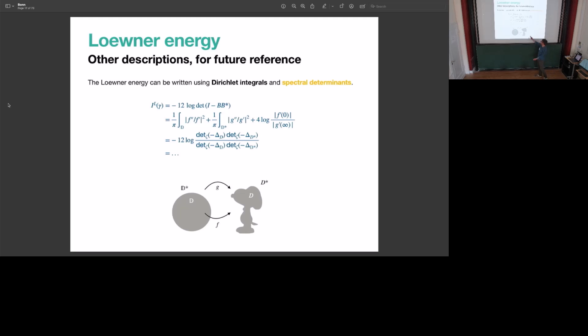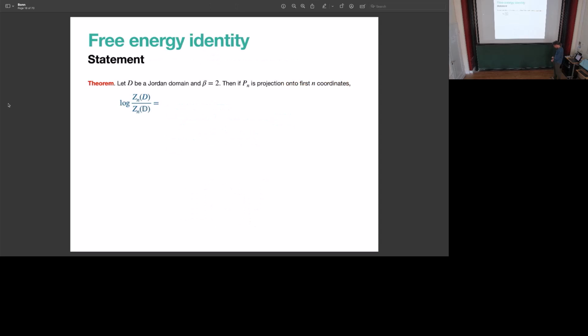Although I won't use it, in the smooth setting, if the boundary of your domain is smooth, you can also write this in terms of a spectral determinant. I just flashed this. Okay, so now we come back to the problem.